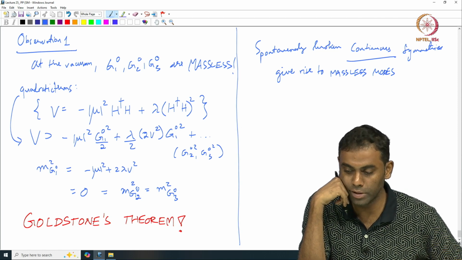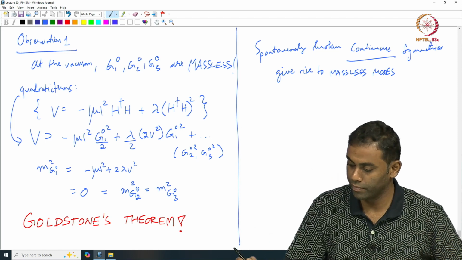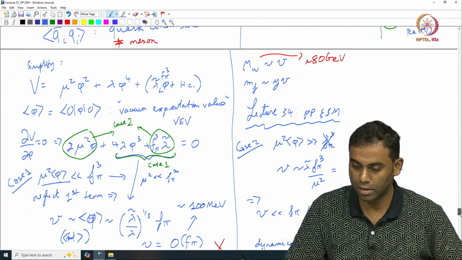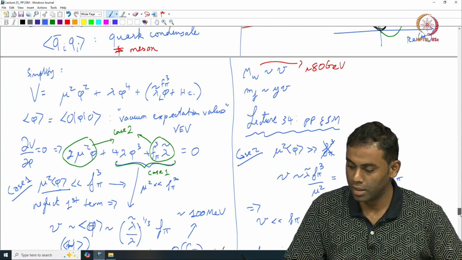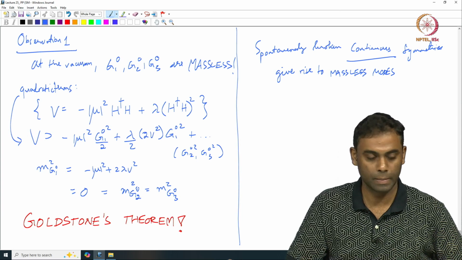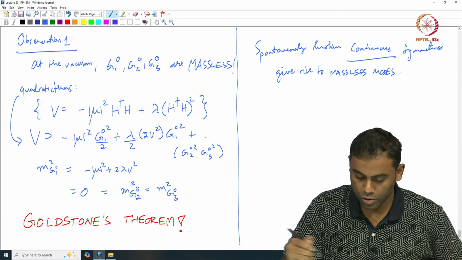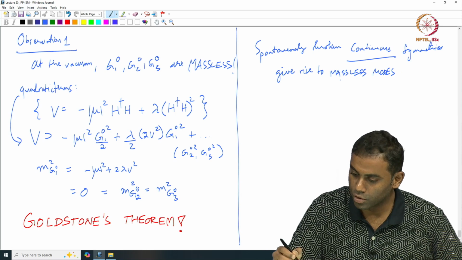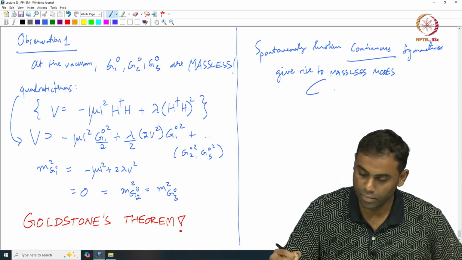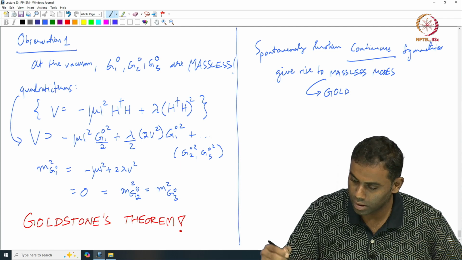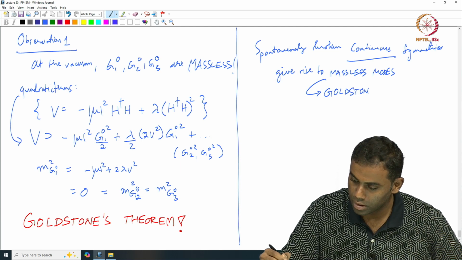You take any continuous symmetry, break it in any which way, like even in the dynamical breaking that we saw earlier, even there you would have had Goldstone bosons. Okay, Goldstone modes. Of course, these are bosons. So, those massless modes are exactly what are known as Goldstone bosons.